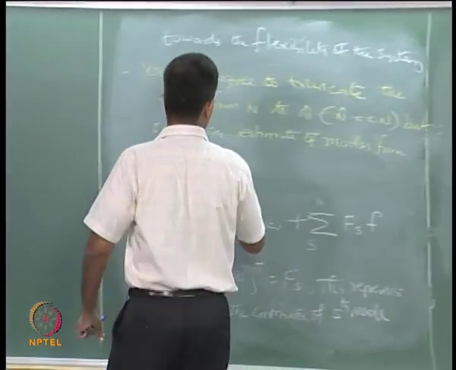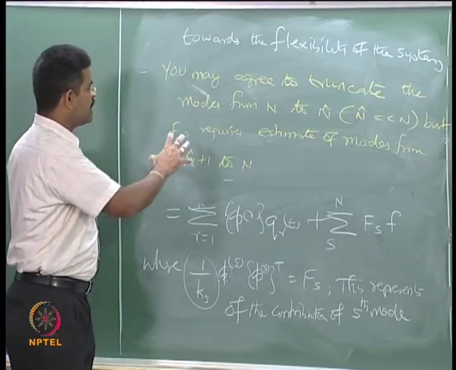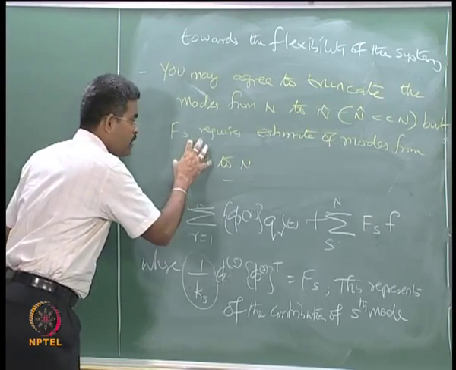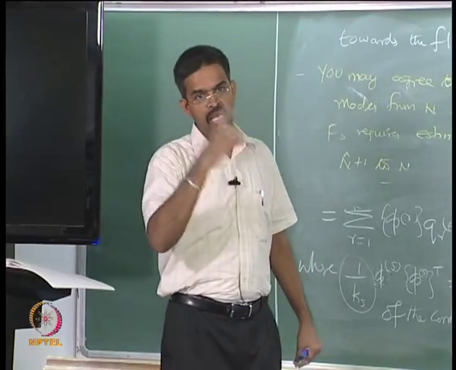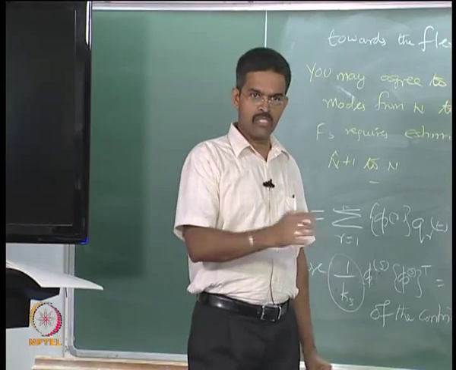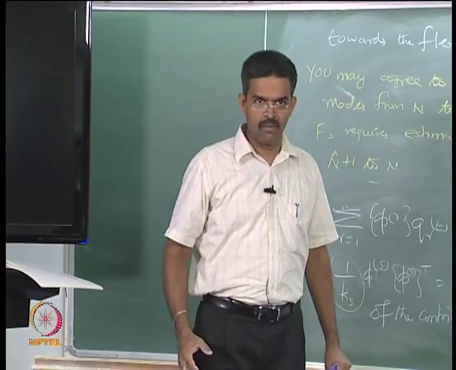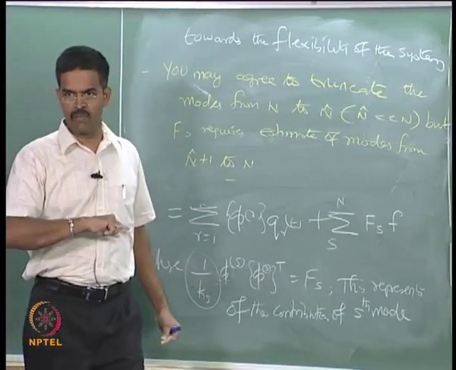Are you understanding this issue? This does not give me actually a benefit, because though I am truncating till n hat, I require phi for working out f of s, which is a static correction if you want to account for the errors of response in the higher modes. These errors do not arise from dynamic effects, but there is a static error coming from this which I have to correct.